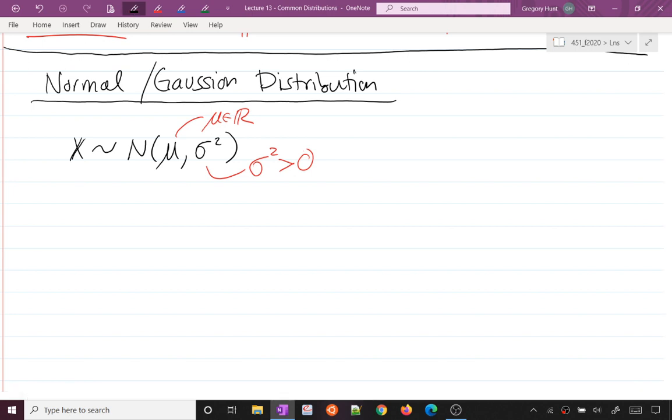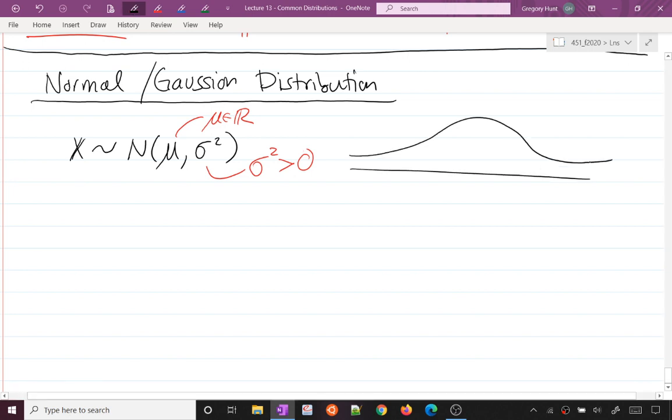And the canonical picture of a normal distribution is this kind of bell-shaped thing. It's centered at mu, and the width of its hump is proportional in some way to sigma squared.